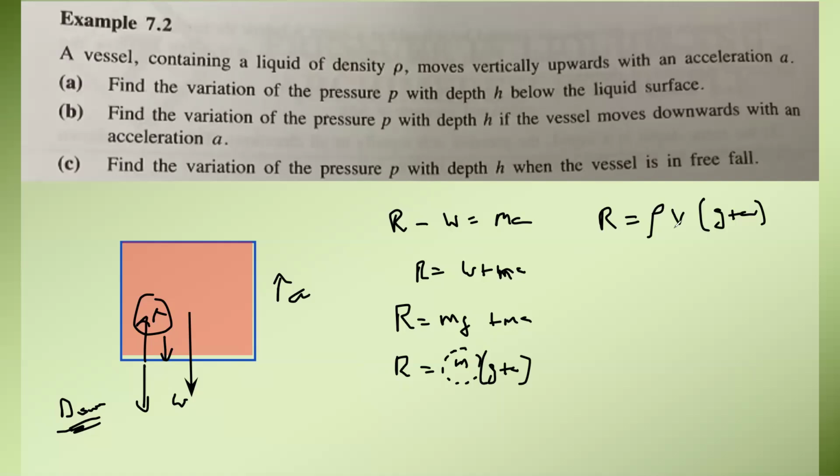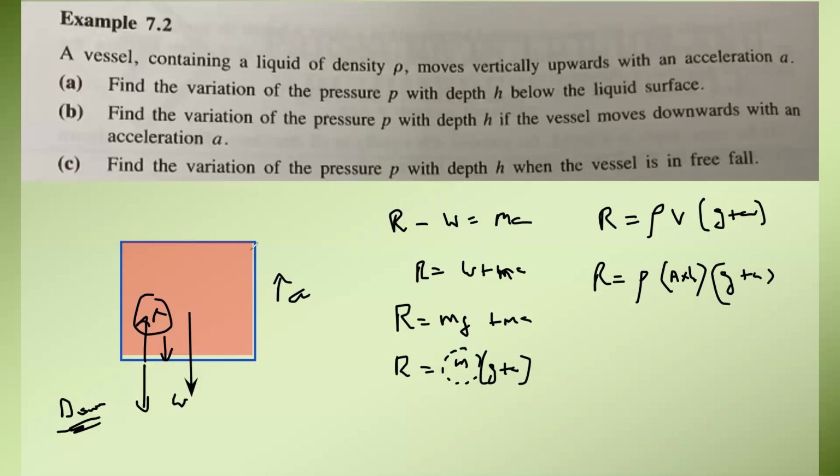And what is volume? Volume is area multiplied by height. So I can say R is equal to density into area into depth, g plus a. So R is equal to density of the fluid, area of the base, the depth, and this is g plus a.